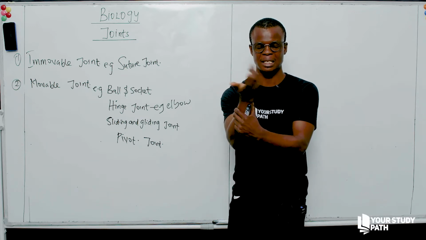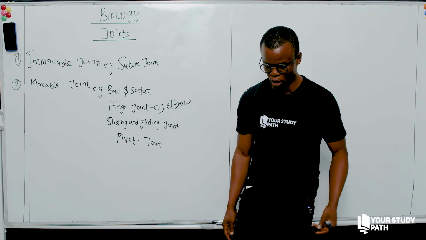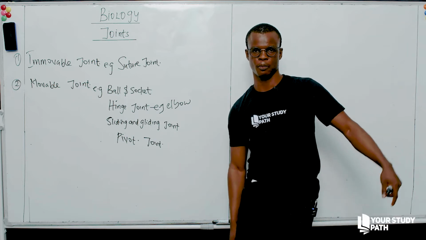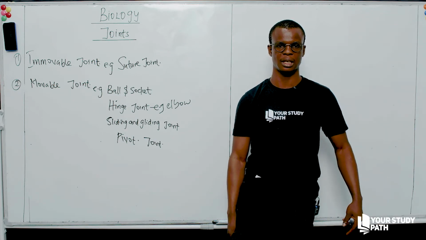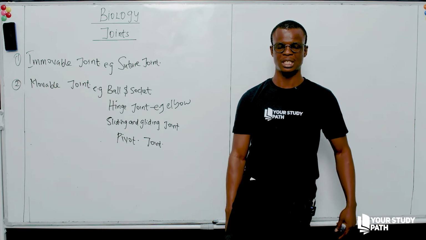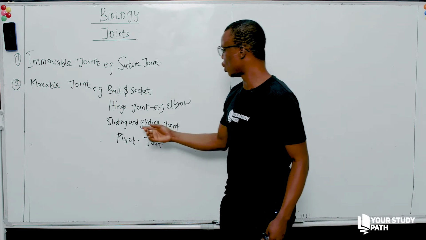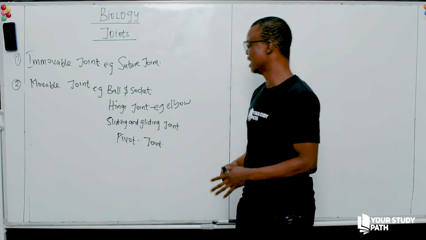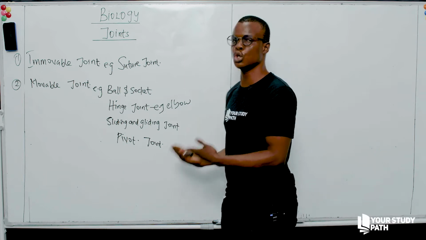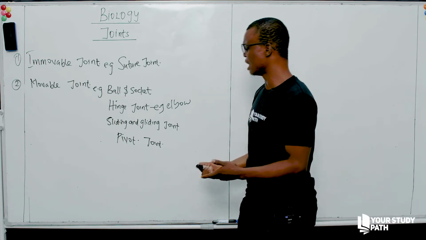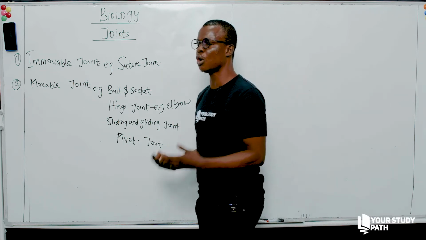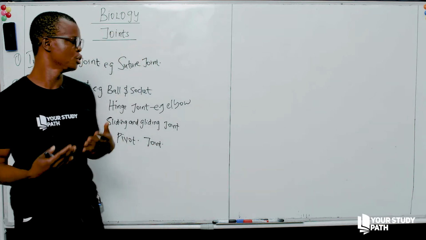Also in our legs, in our foot, you can see it glides and slides. This is called the sliding and the gliding joint, a good example of a movable joint.